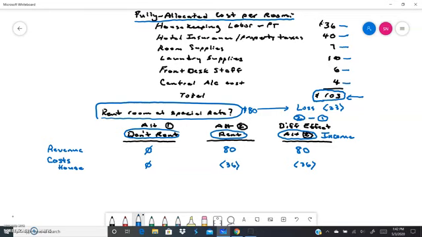The second one would be the insurance and the property tax. Here, if we don't rent, we would still have that cost. We would still have the property taxes and insurance on the hotel. That's going to continue regardless of whether we rent the room or not.